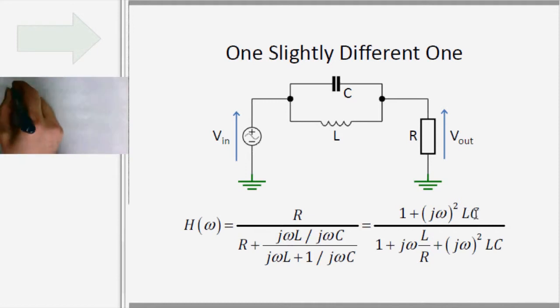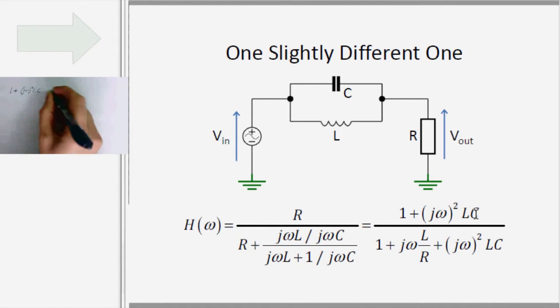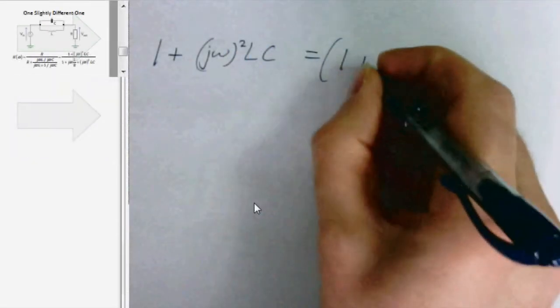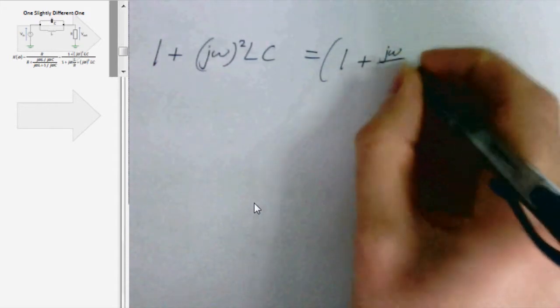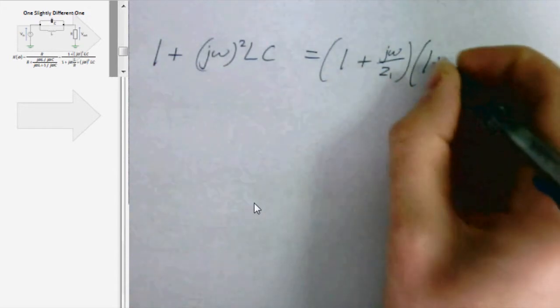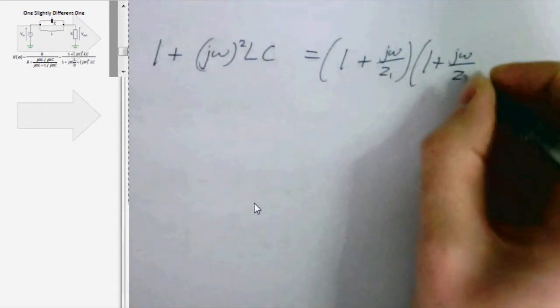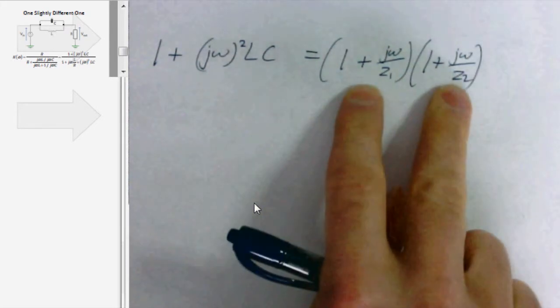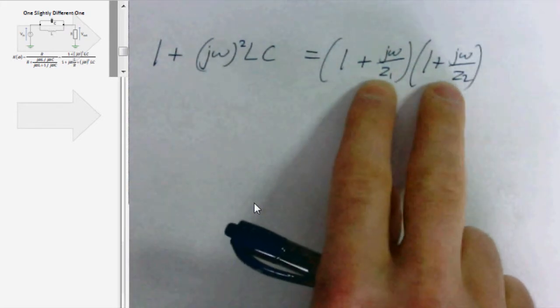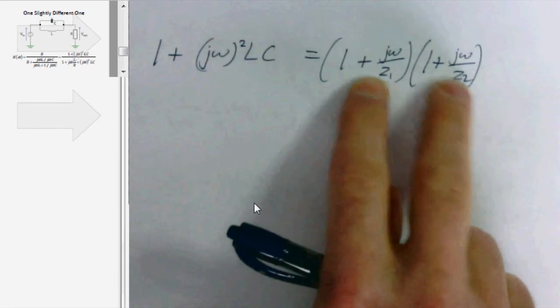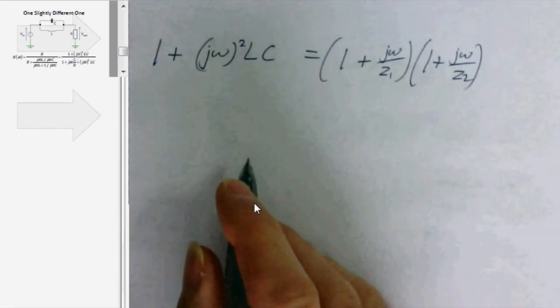We can show that perhaps by looking at this numerator and comparing it to the general form of two zeros. That would be (1 plus j omega over z1)(1 plus j omega over z2). That's what we'd expect on the numerator if there were two zeros, neither of which was at 0 Hertz.